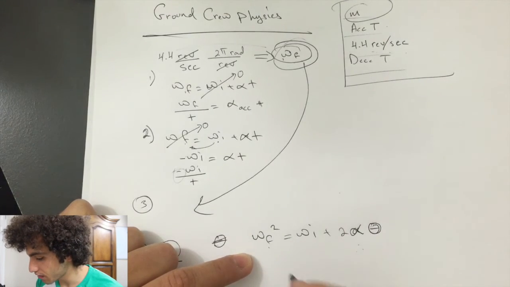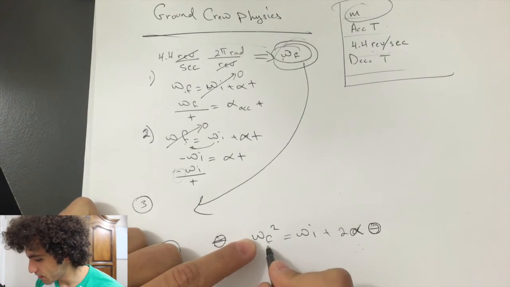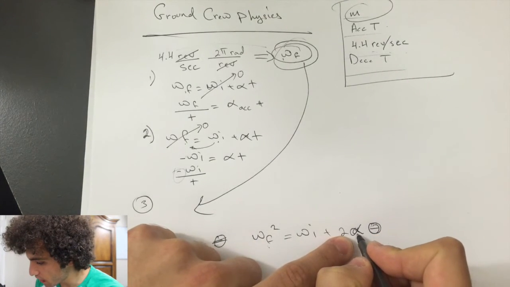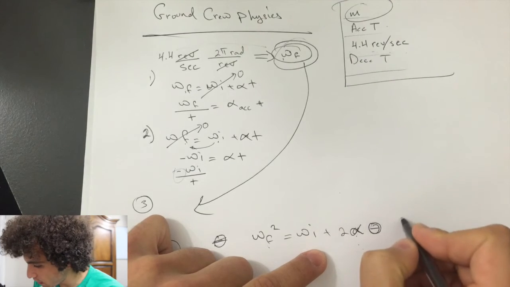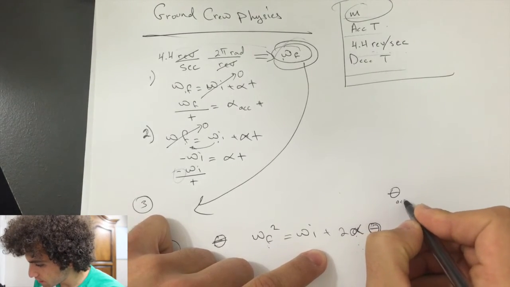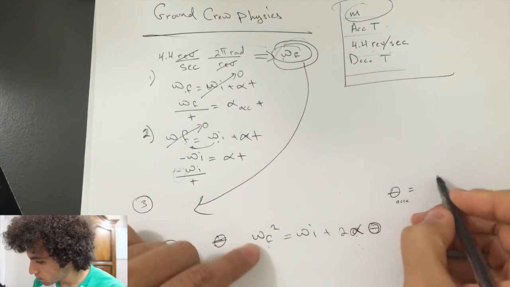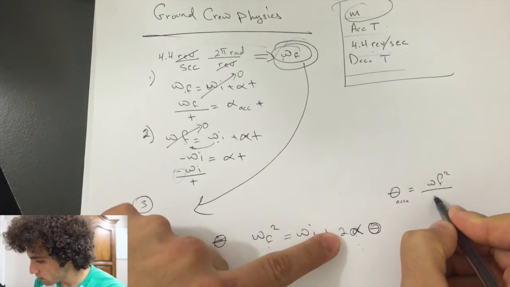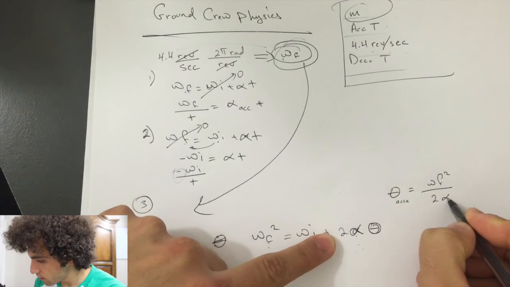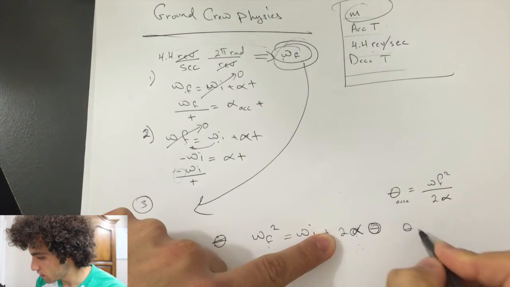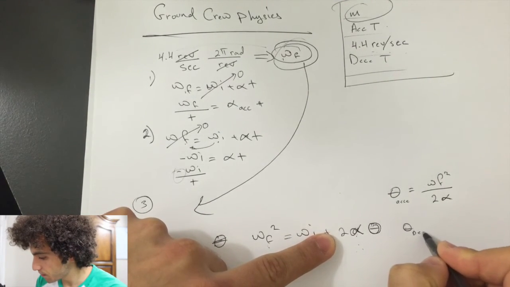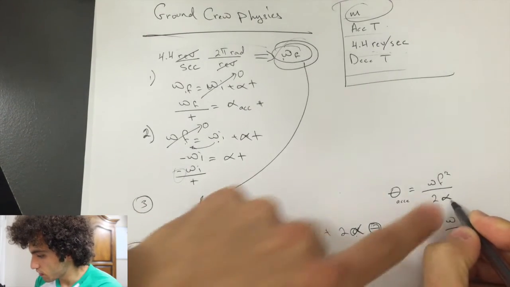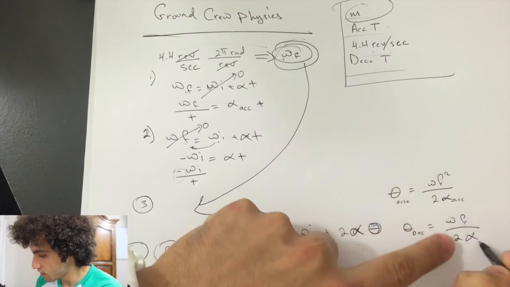Sorry, I just zoned out for a second. I know. And then you just plug in the numbers for the other one. So theta accelerating will be equal to omega final squared divided by 2 alpha, and theta decelerating is equal to omega final squared divided by 2 alpha. This one is accelerating and this one is decelerating.